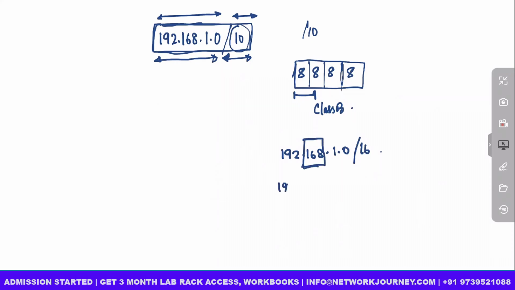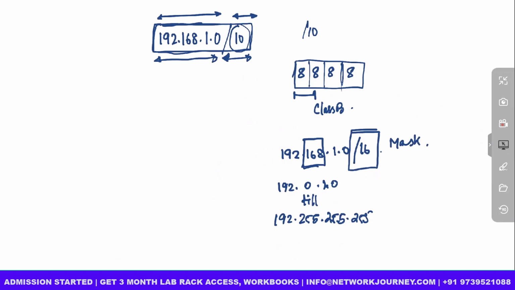So now this will be 192.0.1.0 till 192.255, whatever is the last octet of that. A very wide range. Okay, so this matters. This is called mask.